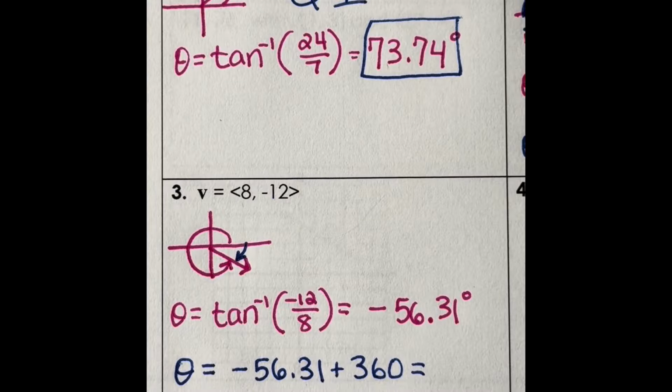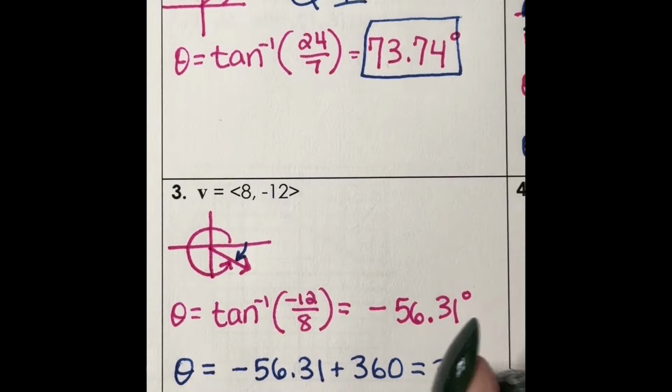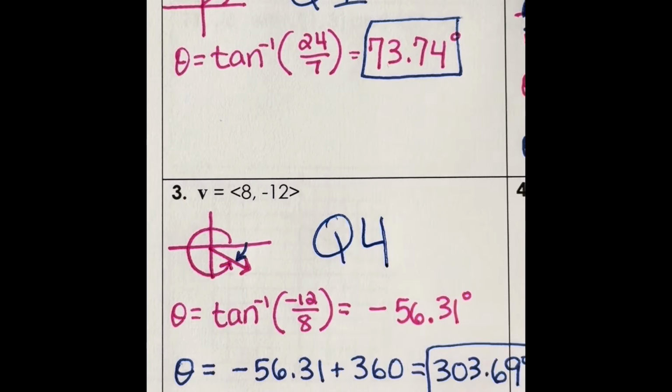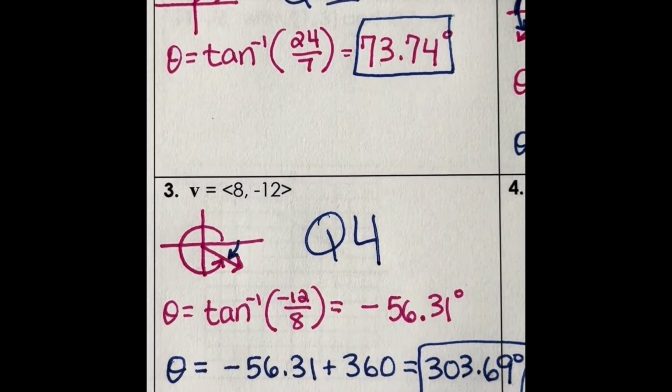So what you're saying is we rotated almost 360 degrees, but we stopped 56 degrees short of that. So what you end up getting here is 303.69 degrees, and that is our angle of rotation. So when it's in quadrant 4, we're going to add 360 to whatever we get when we type it into our calculator.